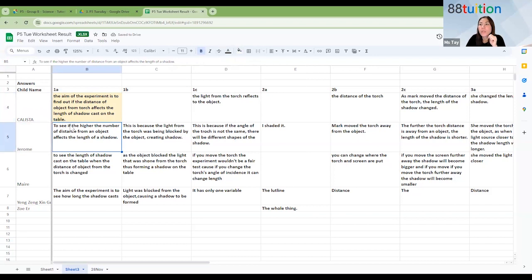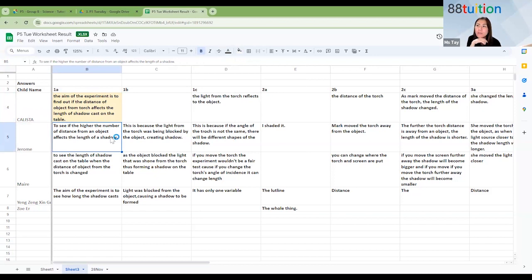Jerome: to see if the higher the number of distance. We don't say the higher the number. When you say the higher the number, it seems like you can count, but the distance we measure is not something that is counted one piece by one piece. So be careful of that.